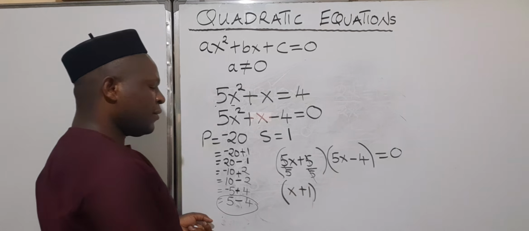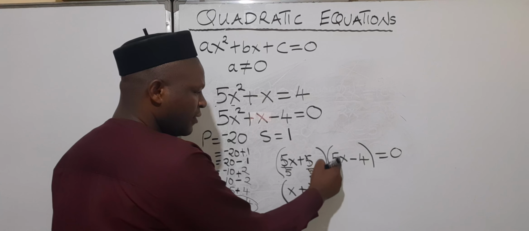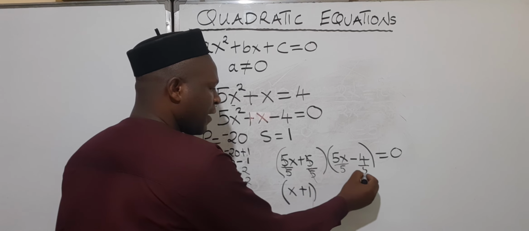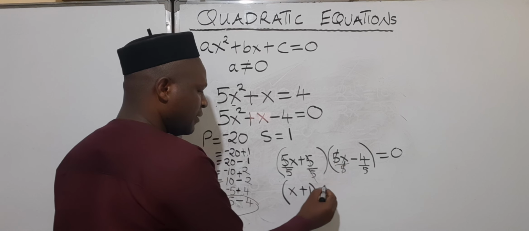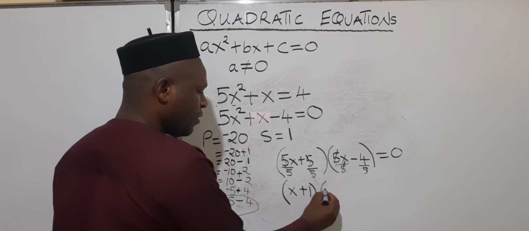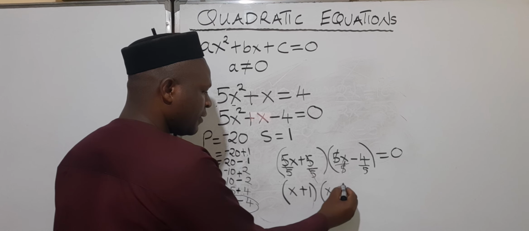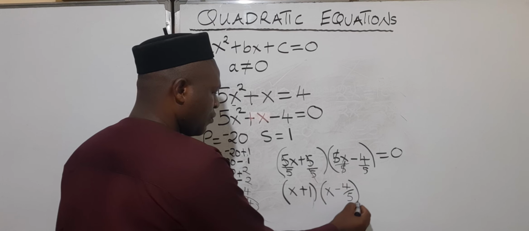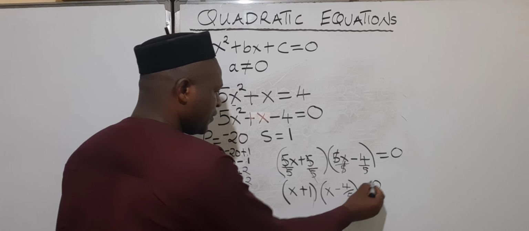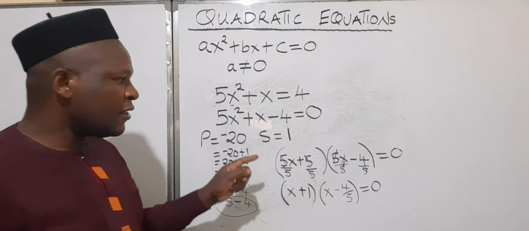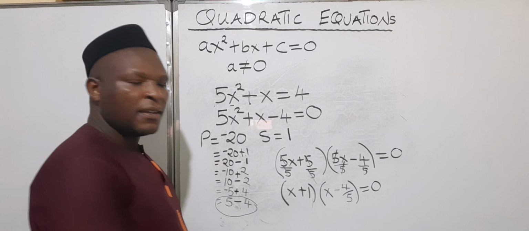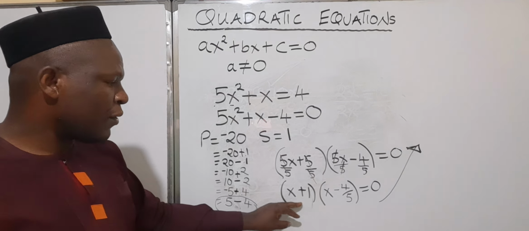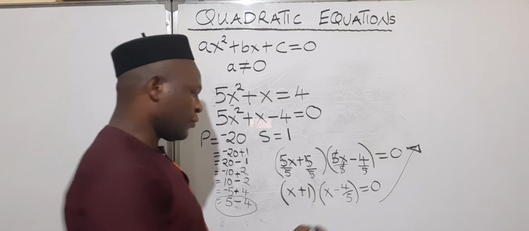Again, here you do the same thing. What is the coefficient there? It is 5. So you divide both sides by 5. This and that. It means you're going to have x minus 4 over 5. You close, equals to 0. At this point, let me use this space. You split these two.